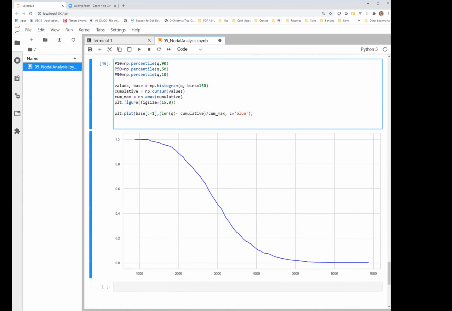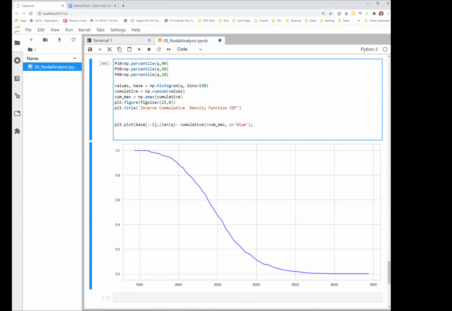And what else can I do? Let's do an annotation. I want to include in this plot an annotation with the P90, P50, and the P10. And it's going to be like this. I can add a title if I want.